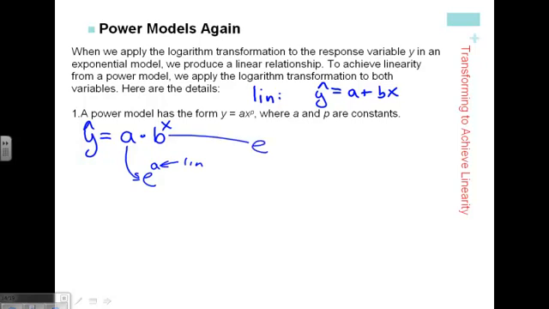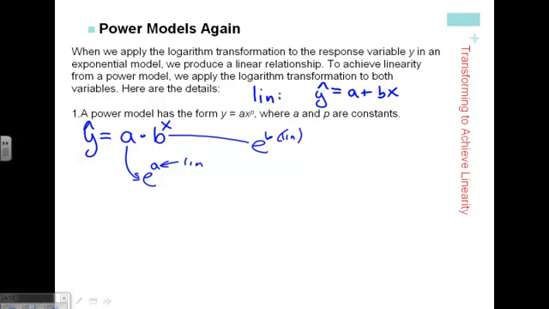And that B is always e to the B, where that B is from the linear model. So you don't have to remember how to do the algebra. You just have to remember that trick. Do the linear model and then just take e to the, and you get those two values.